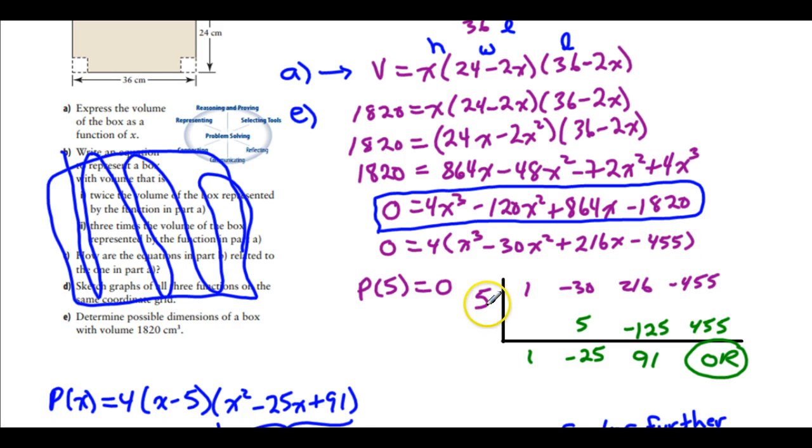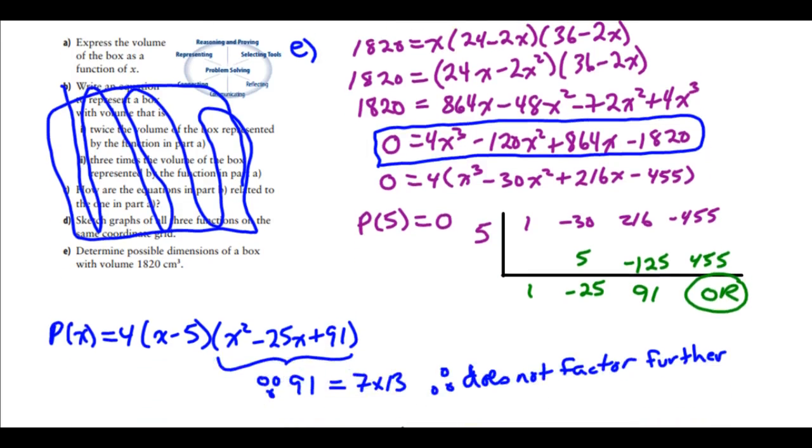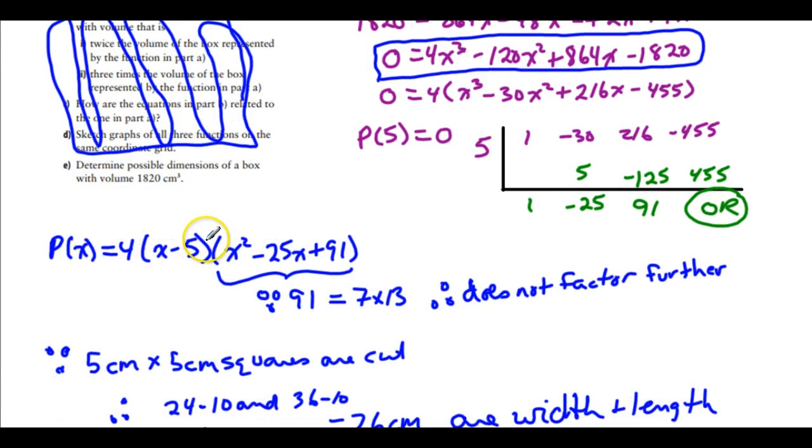The 5 did work, so that was nice. And so P of 5 is 0. And then I can use synthetic division to simplify down to this expression here, x squared minus 25x plus 91. Okay, so we have the factors now. This second factor does not factor further.